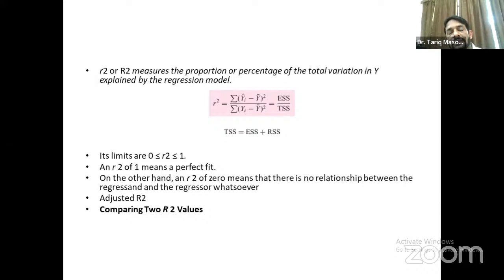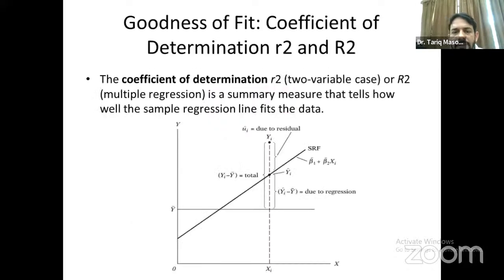Now the meaning of small r square and capital R square is that it is basically a ratio of explained sum of squares divided by total sum of squares. Now the question is, what is the explained sum of squares and what is the total sum of squares? Total sum of squares is quite obvious. It is the total variation in the data, in the y values, the dependent values. So the total variability in the y values is known as the total sum of squares. Now the portion that is being explained by the sample regression function is known as the explained sum of squares, because as I said earlier, the sample will not explain the whole part.